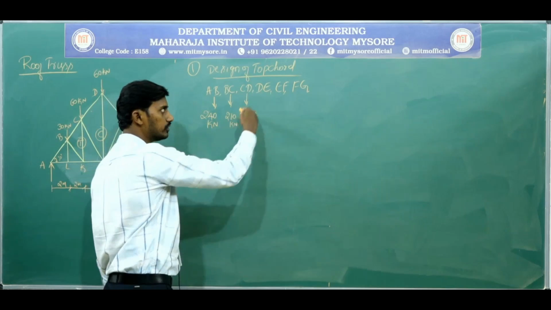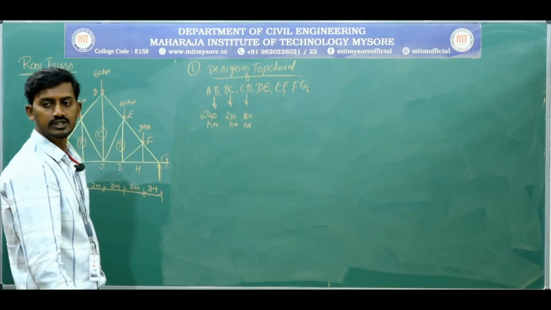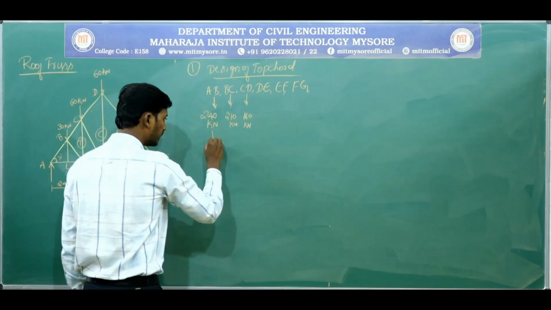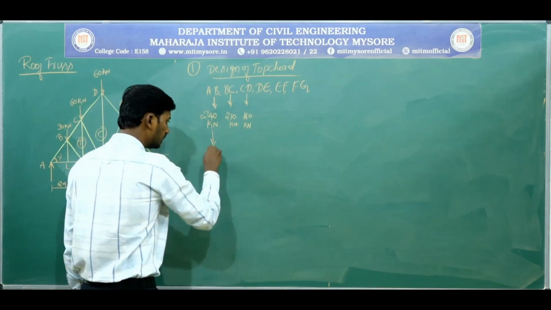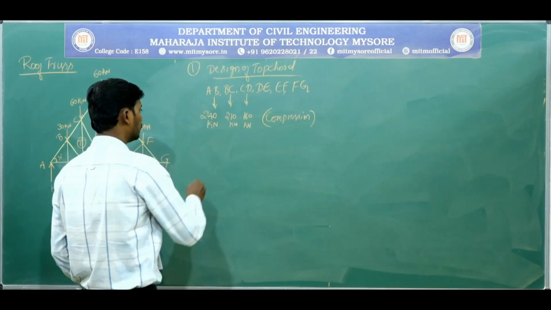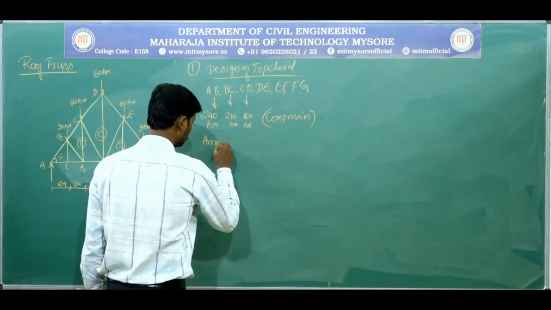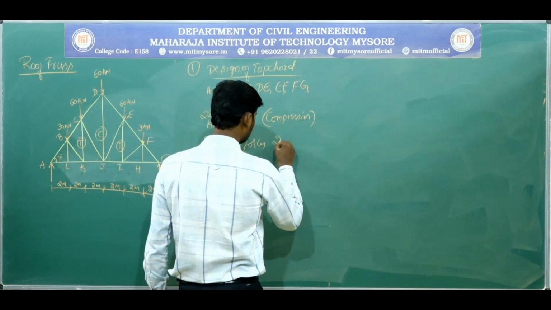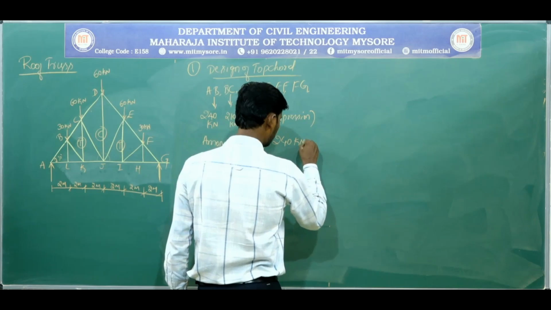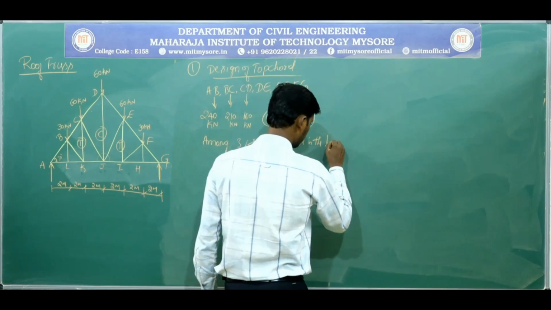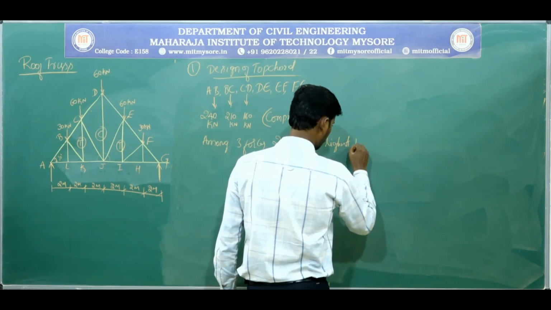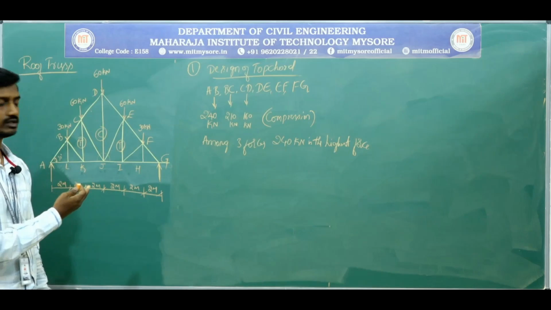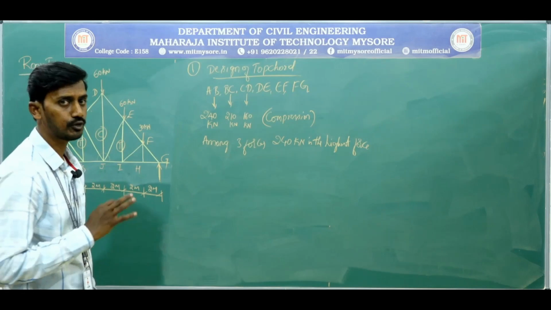So same way the same force will be on the other members also. So now what is the highest force here? 240, right? And what is the nature of the force? Compression. So let us write, among three forces, 240 kilonewton is the highest force, correct. So let us consider 240 kilonewton as the force.